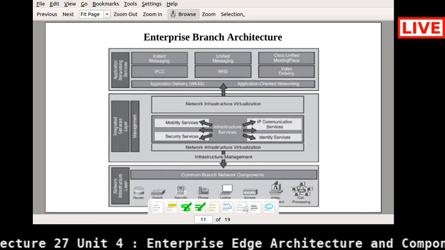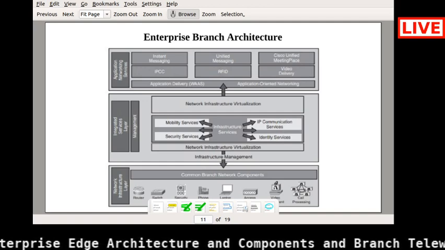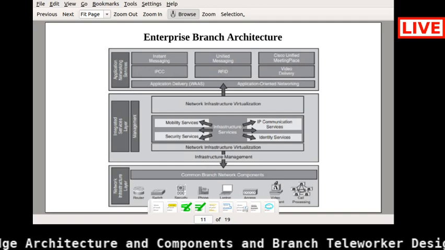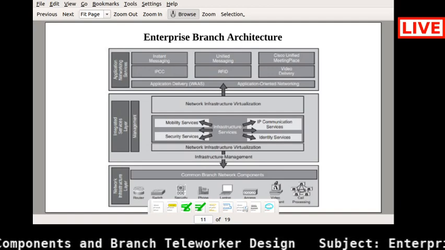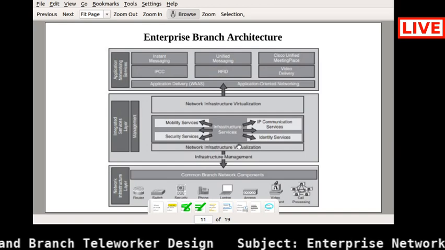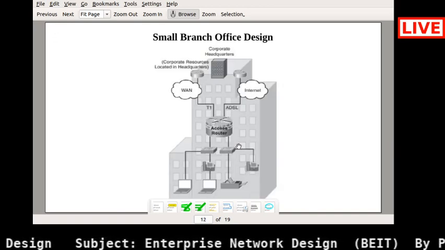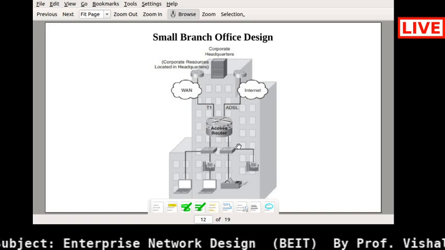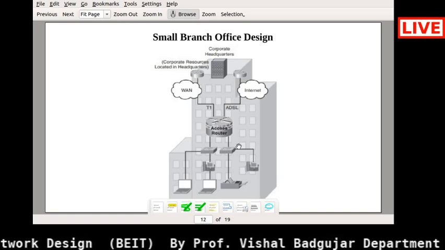enterprise branch design, right? The requirements of your branch can vary or depend upon the size of the branch offices, right? So if you want to design the branches of your enterprises, you must have some questionnaires in your mind, right?